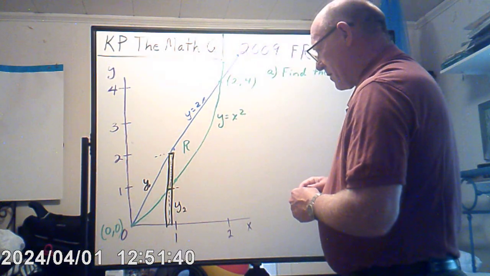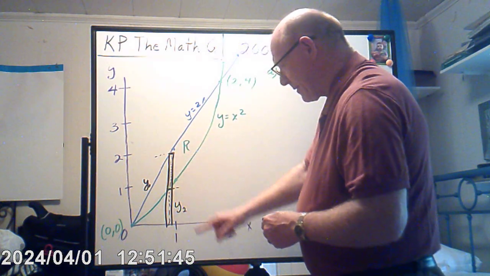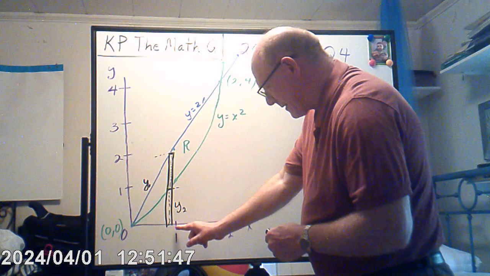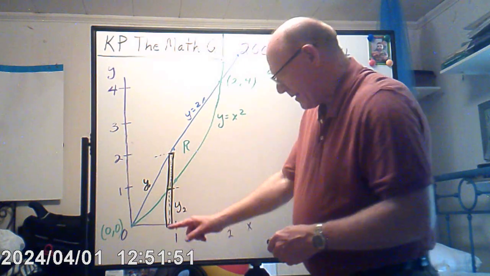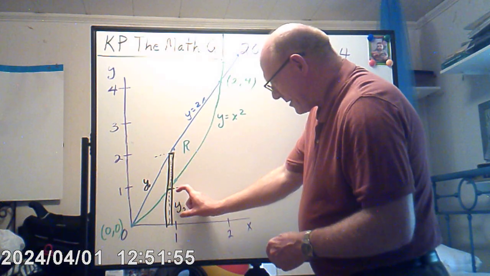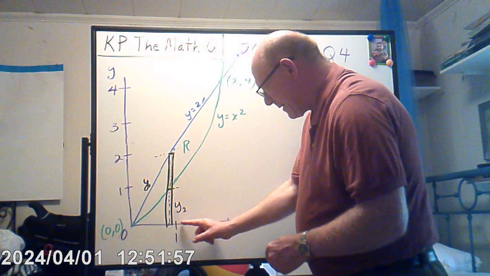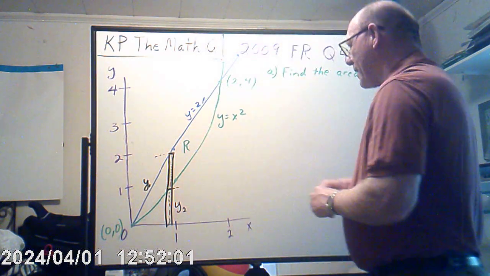We want to take the entire height, y1, minus the part that we're not considering, y2. So we're going to subtract it.